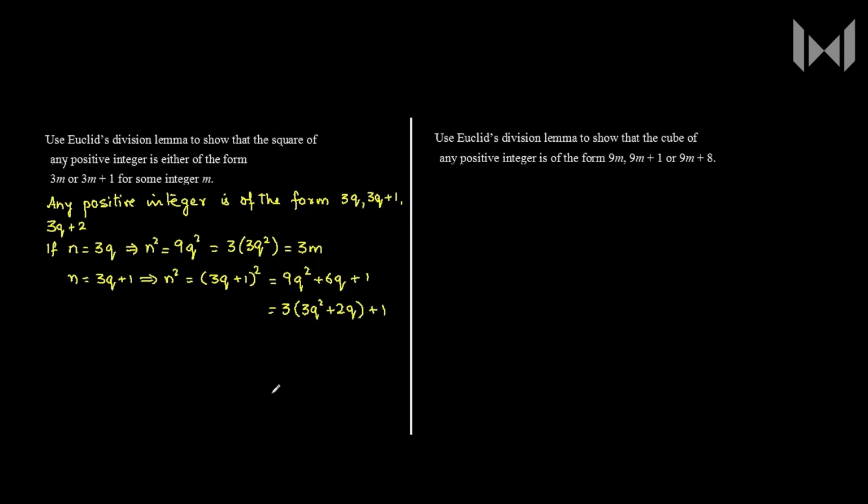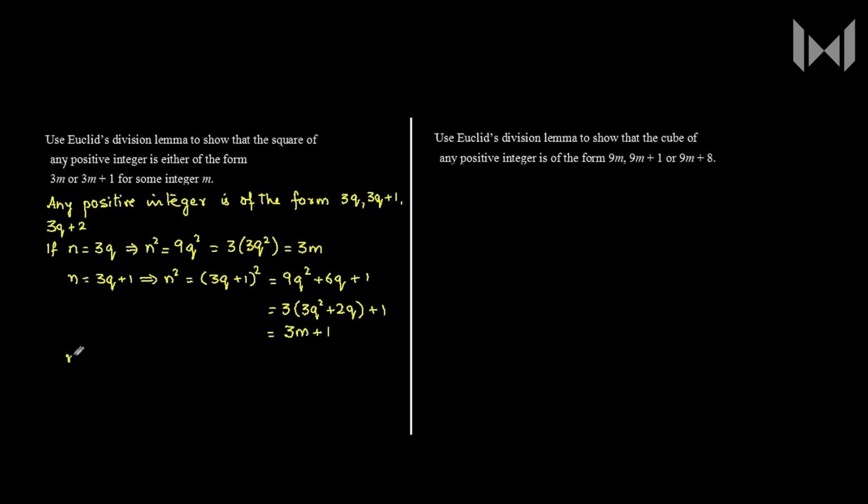We can also take out q common, but there is no need. The first part, 3 into 3q square plus 2q, is a multiple of 3, so we again write it as 3 times m plus 1, where m again represents some integer, which is equal to 3q square plus 2q.